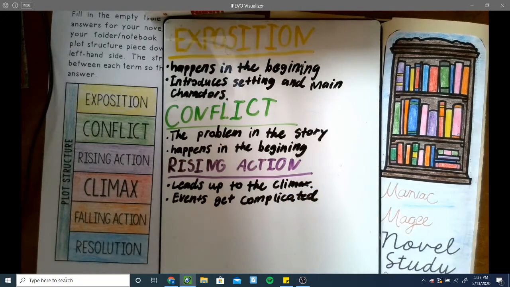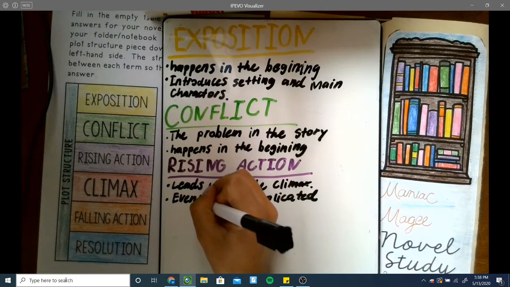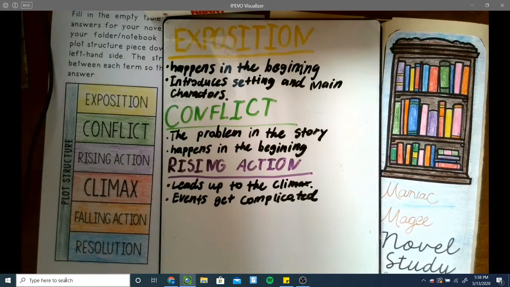So when you're filling this out right here, you can think about an event that gets complicated in Maniac Magee. And something happens.